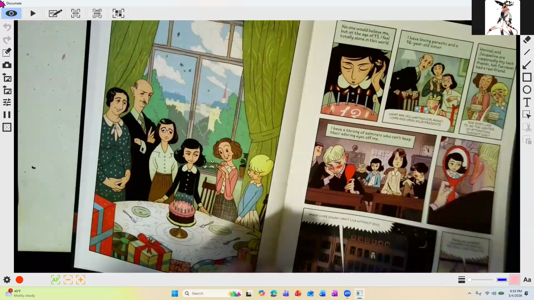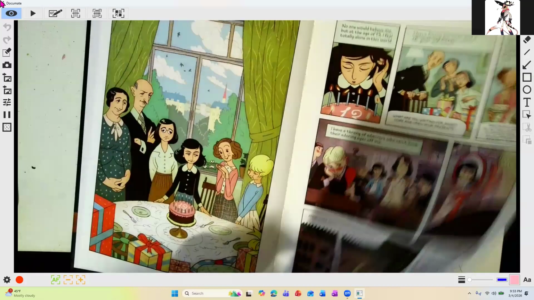Next, I'm gonna give you guys a minute to figure out in this background what is in the midground and foreground, because we kind of know what's background.